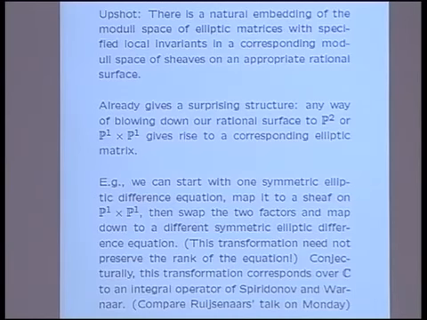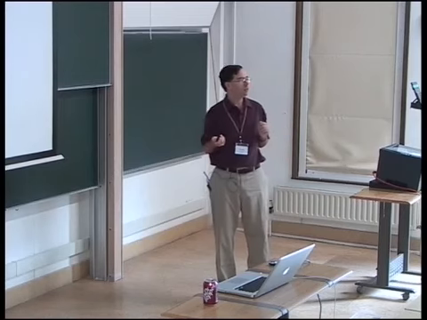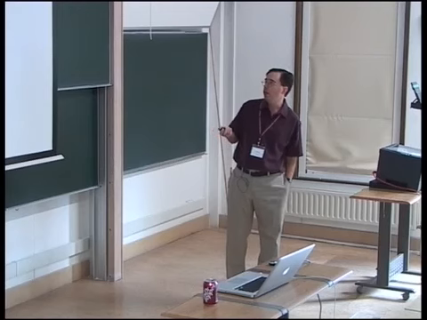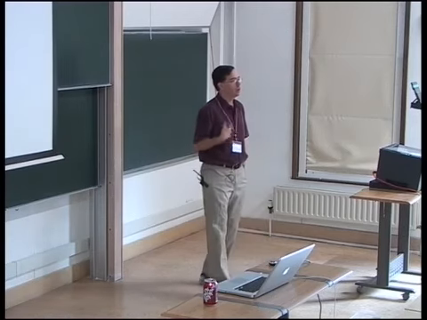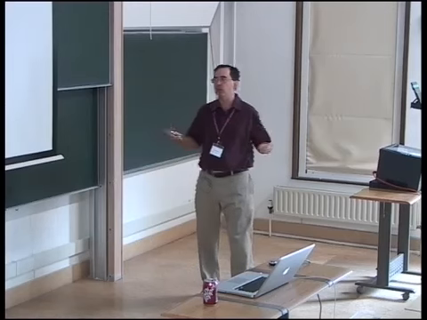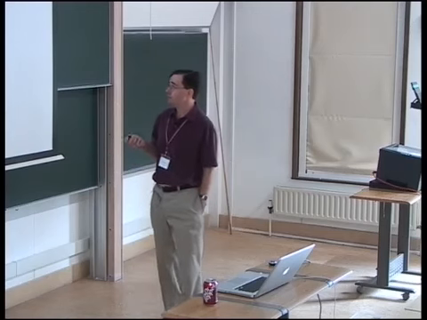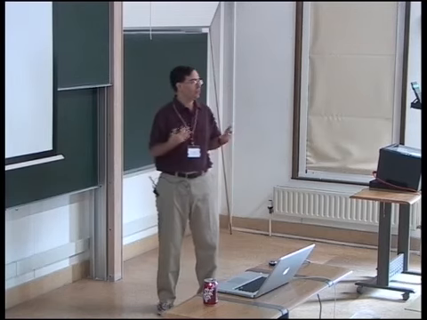And at least experimentally, this corresponds to the same integral operator that Simon was using on Monday in this BC1 case that he was talking about, which in a special functions context was considered by Spiridonov and Warnaar as a sort of elliptic analog of the Fourier transform. It's a certain involution.